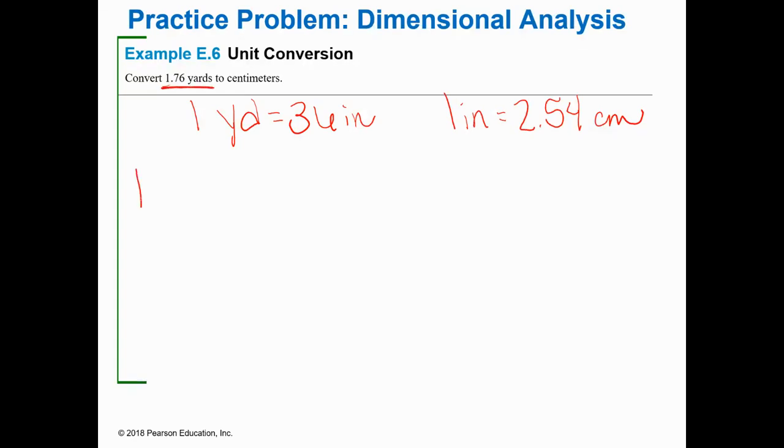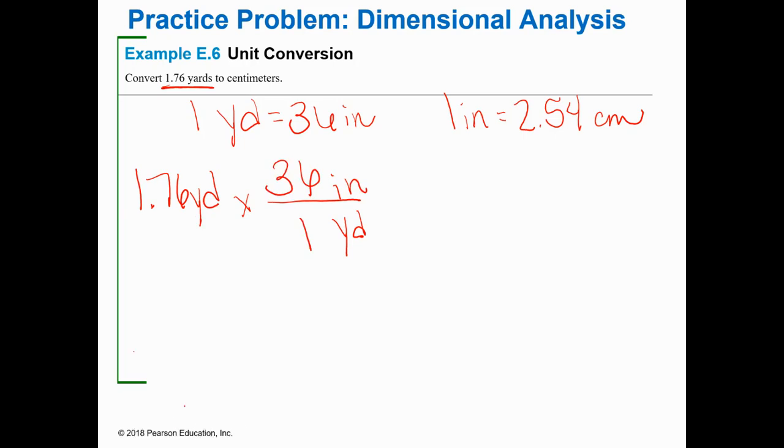You always start with your given. So I say 1.67 yards, 76 yards. Okay, and whatever unit is here, it must also go in the bottom of my conversion factor. Once you've determined what goes in the bottom, you look at your conversion factors, and I see that yards is with inches. Okay, whatever number is with the unit, that's what goes with that piece.